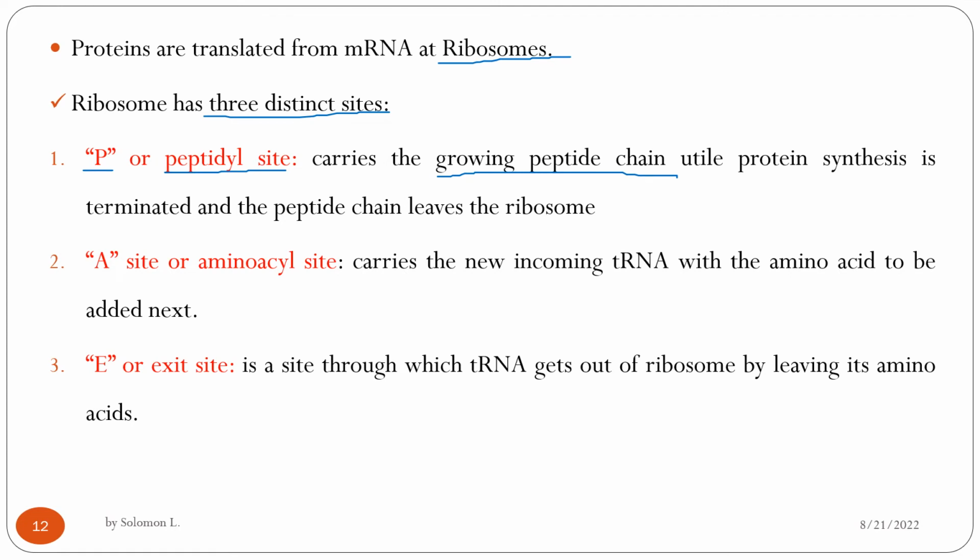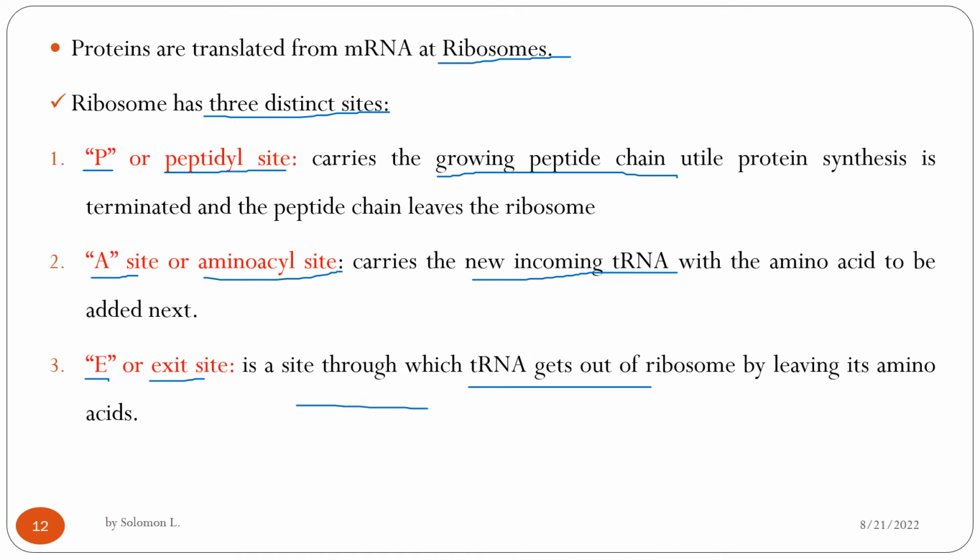The second site is the A site, or aminoacyl site, which carries the new incoming transfer RNA with the amino acid that is going to be added next. And the third site is the E site, or exit site, through which transfer RNA gets out of the ribosome by leaving its amino acid.